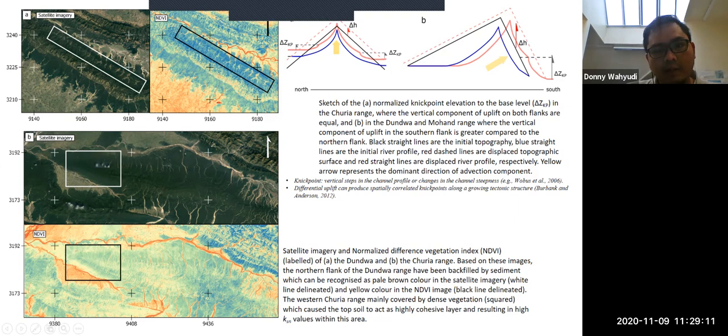We can see it's filled with sediment, so it decreased the KSN of the north flank of the Dundwa Ridge.